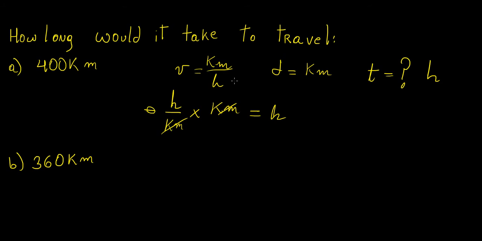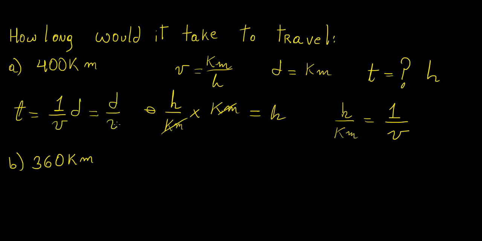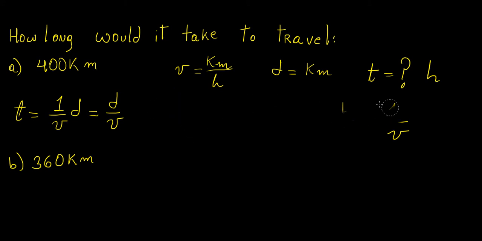If we want units of hours per kilometer, that would be 1 over the speed. So time is going to be equal to 1 over the speed times the distance, or simply distance over speed. And that's going to give us the units that we need. So let's do that just now.